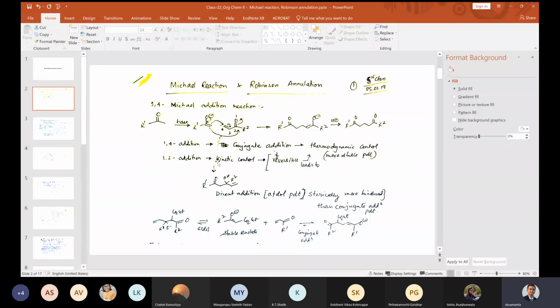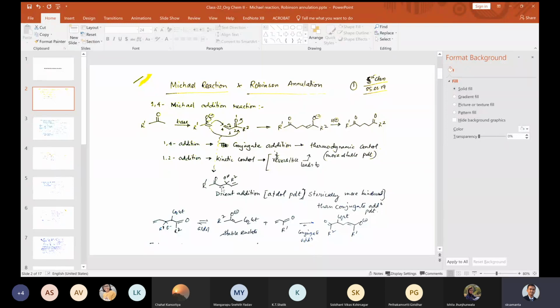Before that, if this is the reaction, then this enolate will come back, this double bond will attack at the 4 position. So this forms basically an O negative. If it catches a proton, this becomes your thermodynamically controlled product. But if this double bond attacks this C double bond O, then you get this product, which is the direct addition, kind of an aldol product.